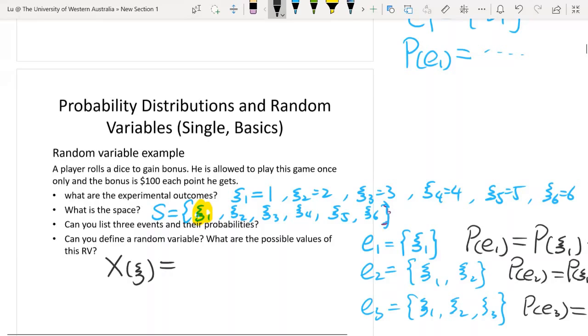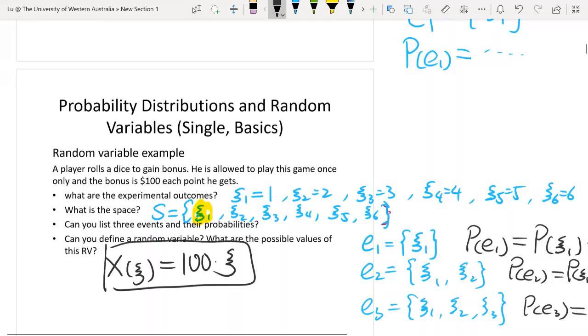And the question is saying the bonus is $100 each point the player gets. So we got 100 theta. Now this is our random variable for this question.